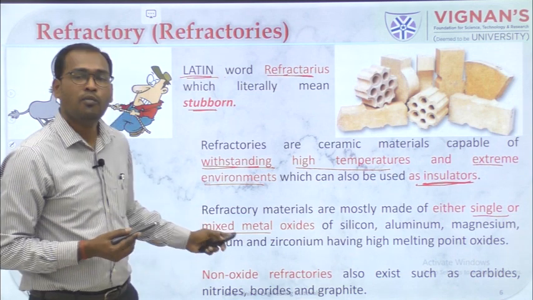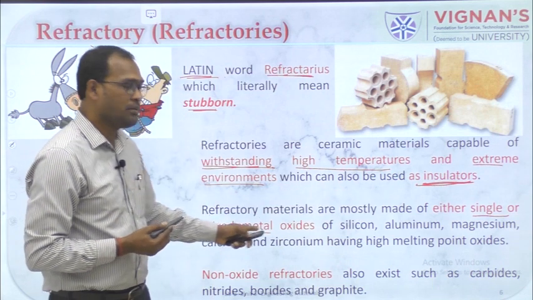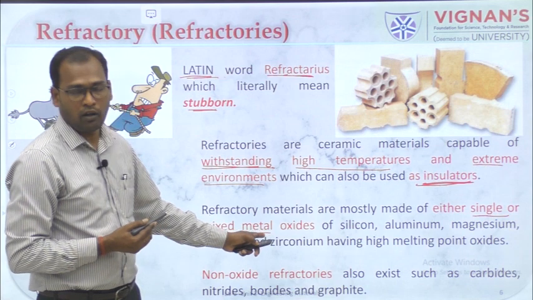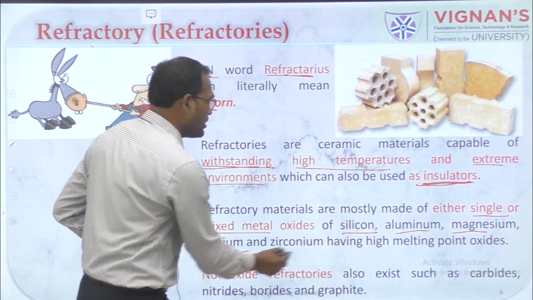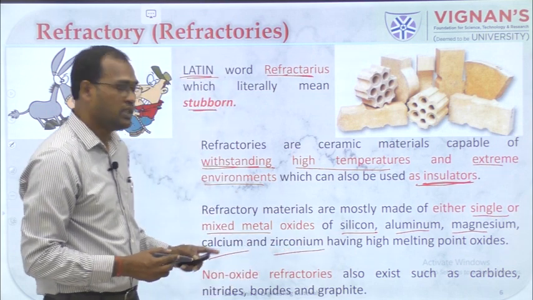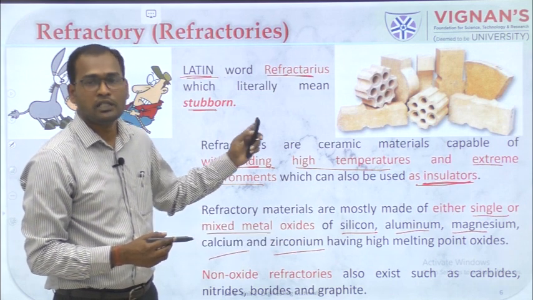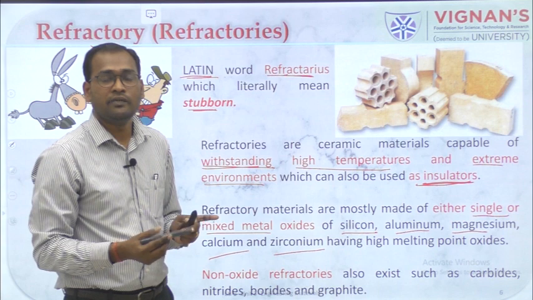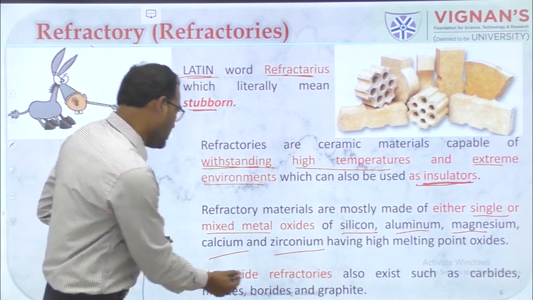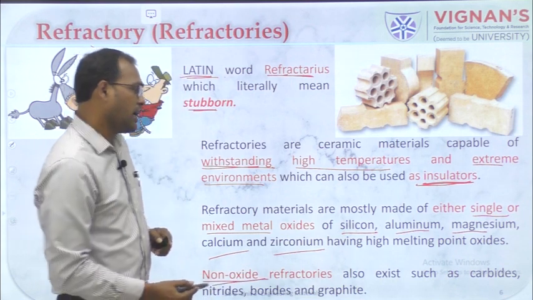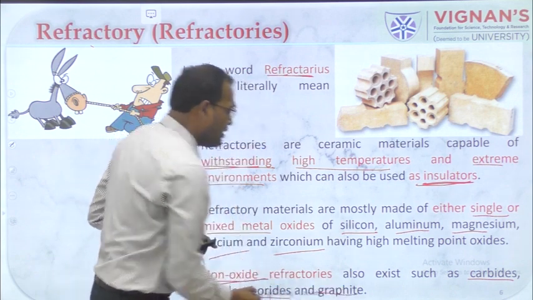Mixed metal oxides can be from silicon, aluminum, magnesium, calcium and zirconium. There are also materials which are not oxides but can still be used as ceramic materials. Those are non-oxide refractories, such as carbides, nitrides, borides and graphite.